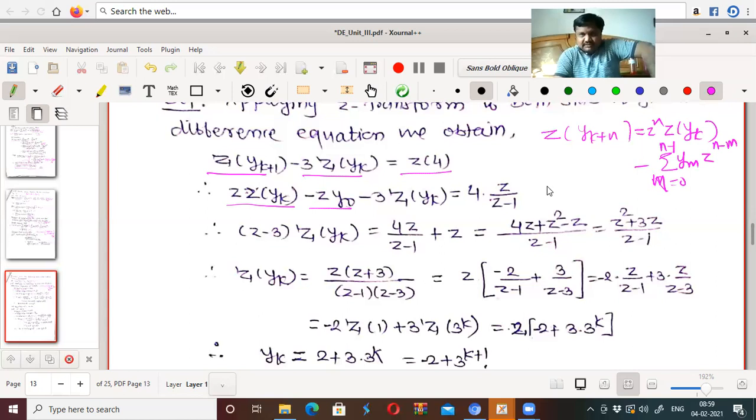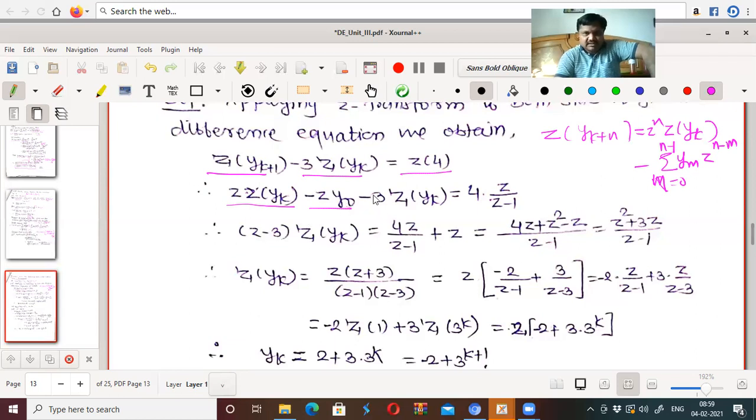So by using this, z transform of yk plus 1 is z into z transform of yk minus z into y0, because n is 1 here. So m equal to 0 to 0, that is y0, z raised to 1 minus 0, that is 1 only.